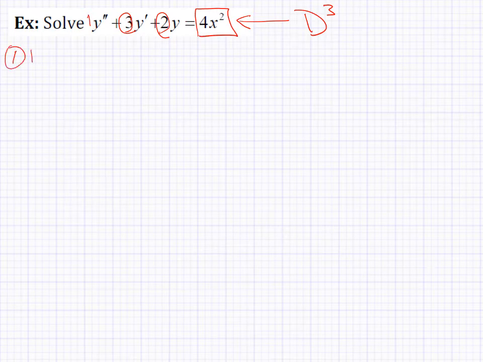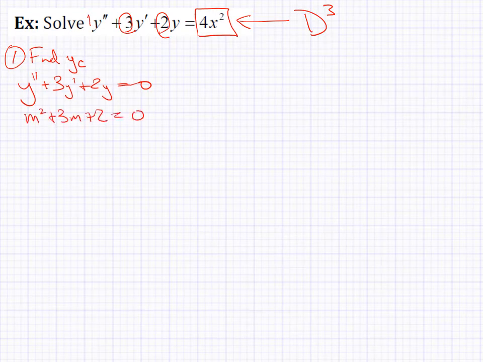First, I'm going to find y sub c, which is to solve the associated homogeneous, which would be y double prime plus 3y prime plus 2y equals 0. So that's just a homogeneous with constant coefficients. I create my auxiliary equation, which is m squared plus 3m plus 2 equals 0.